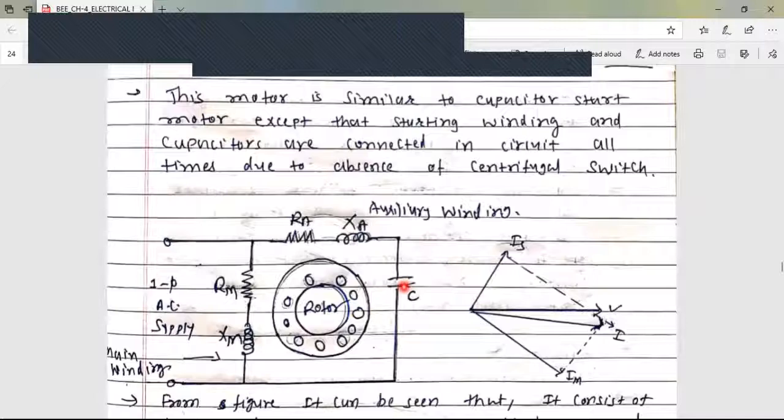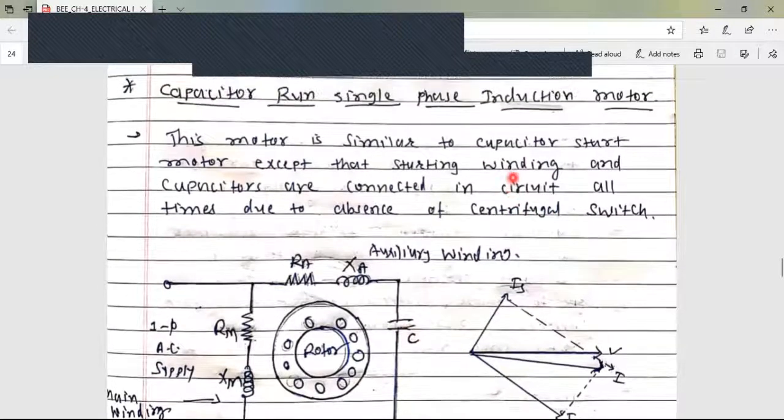The capacitor is permanently connected in series with the auxiliary winding. It is also known as a permanent capacitor induction motor. This motor is similar to the capacitor start motor, except that the starting winding and capacitor are connected in the circuit all the time due to the absence of a centrifugal switch. So this is the main difference between the two.